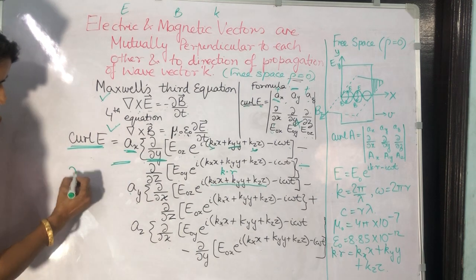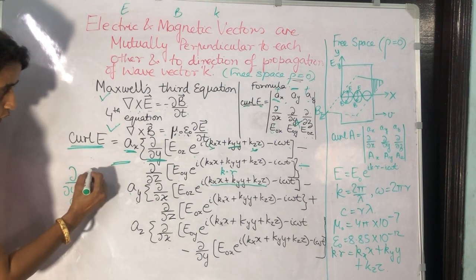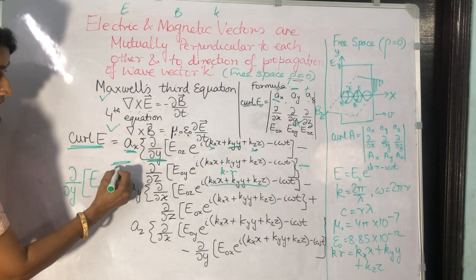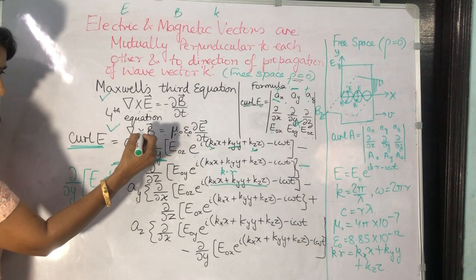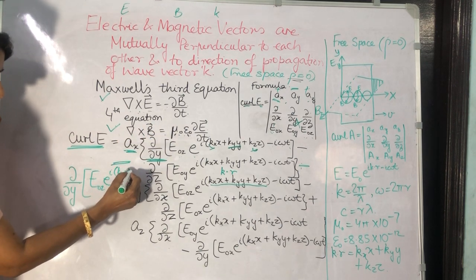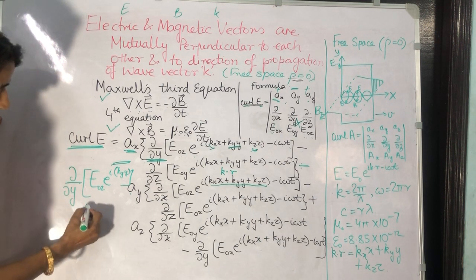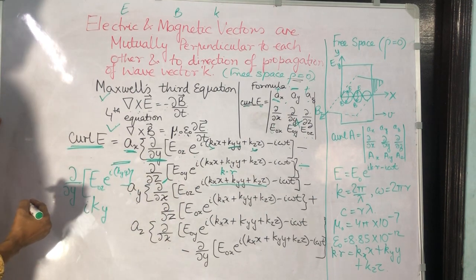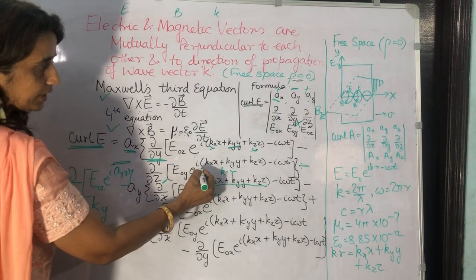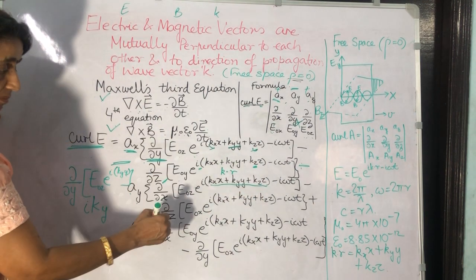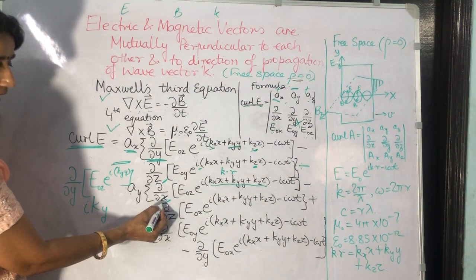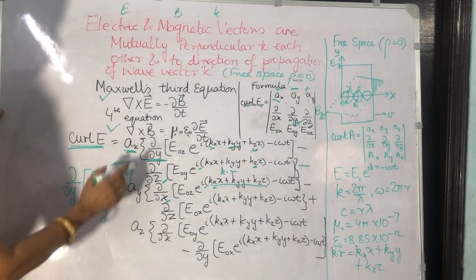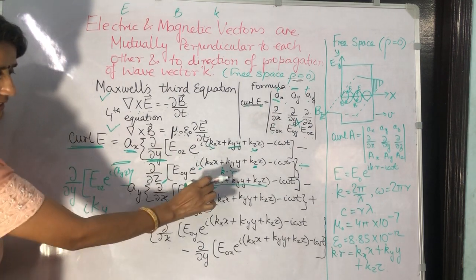So if I do del upon del y of E naught z e to the power of i (kx x plus ky y plus kz z), the additional term I get will be i ky. Similarly, when I differentiate with respect to z, the additional term will be i kz. Similarly, with respect to x, the additional term will be i kx.